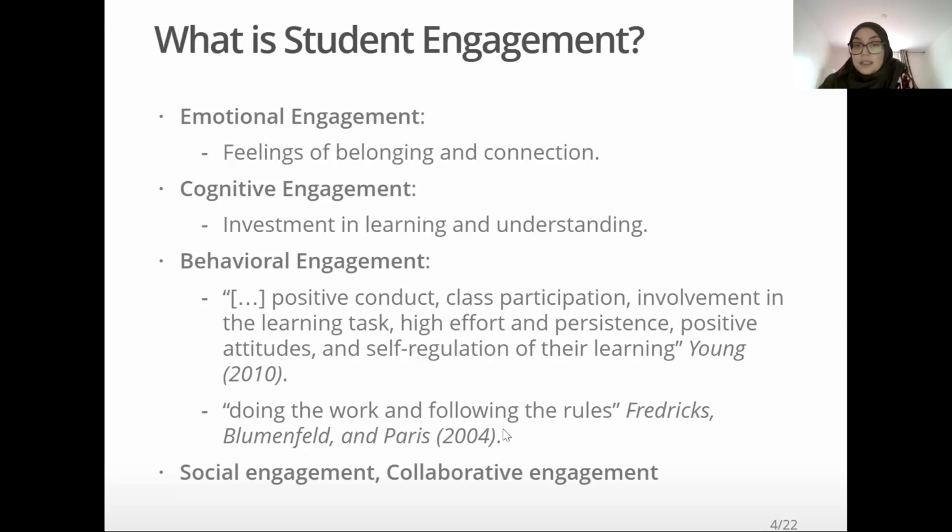They really narrowed it down to doing the work and following the rules. Some researchers like Young and others emphasized social engagement and collaborative engagement as other engagement aspects in online learning contexts.